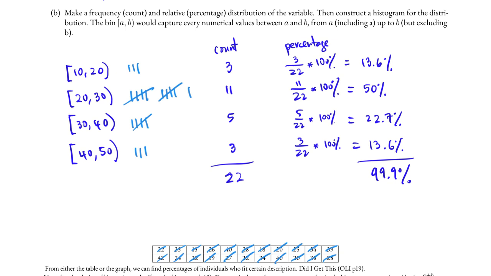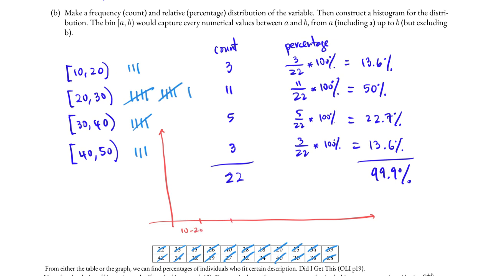Now that we have the bins, the counts, and the percentages, we can construct a histogram. For the histogram, we first draw the axes, and we label the bins on the horizontal axis. The first one is from 10 to 20. This is the first bin.